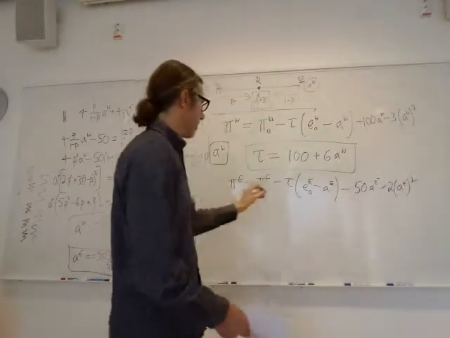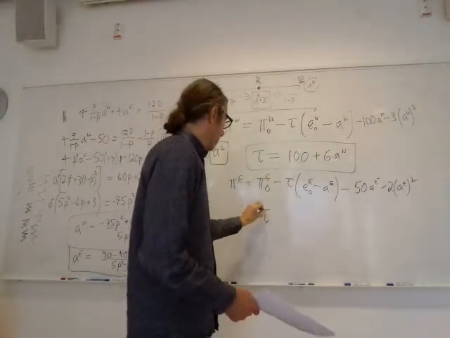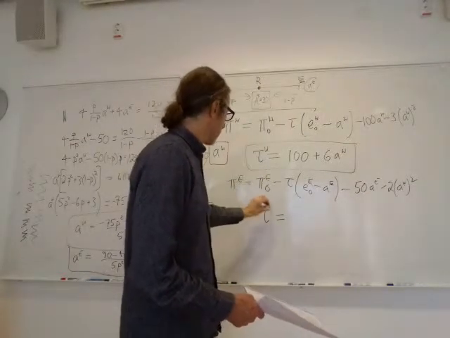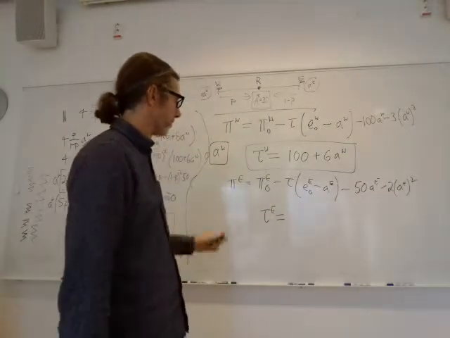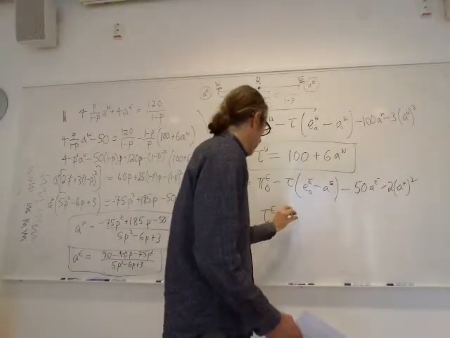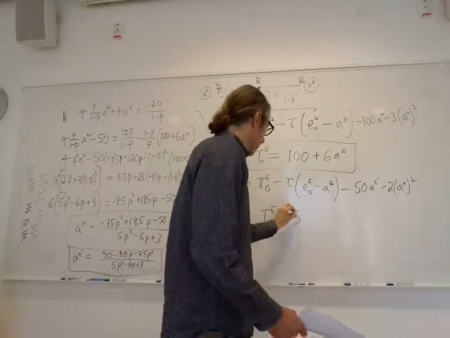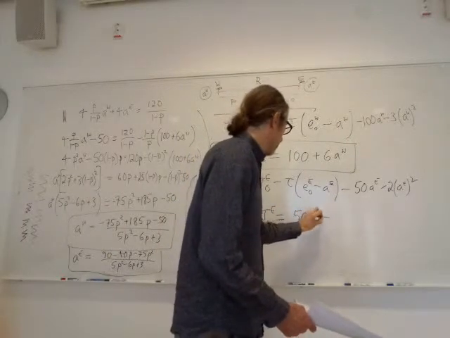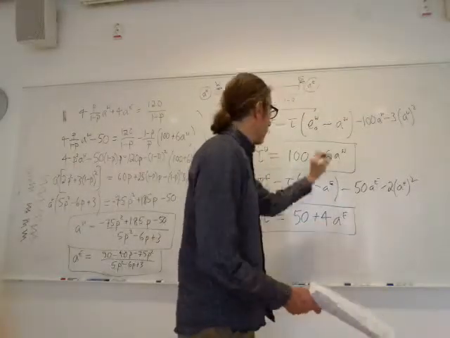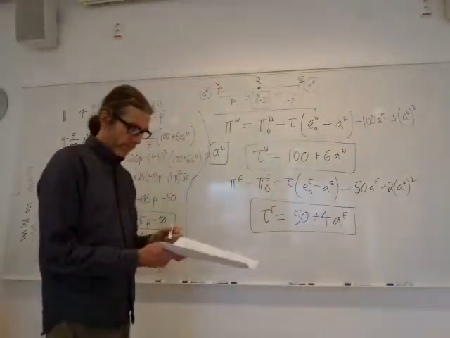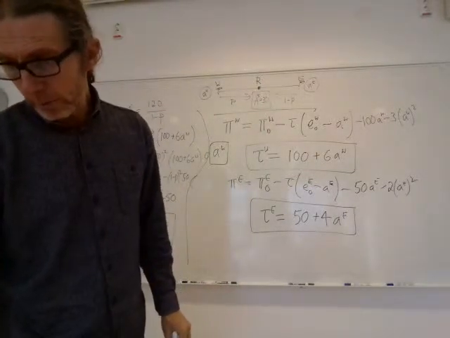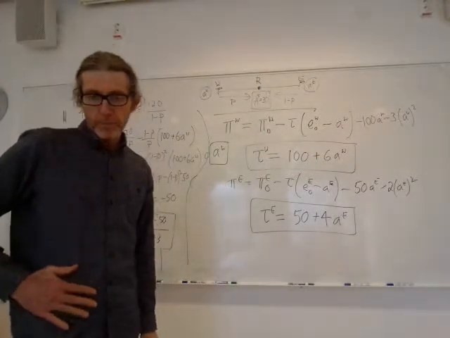So the first order condition gives TOR, yeah, so this should be TOR W, shouldn't it? And this should be TOR E. The first order condition gives 50 plus 4 AE. Okie doke, just check my crib sheet. Yep, we're doing fine.